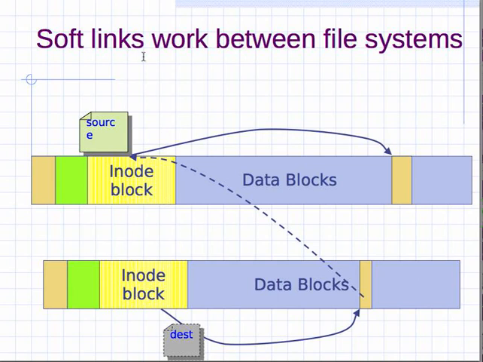Whereas with symbolic links, for example, let's say you have a source on one hard drive, and the actual data is stored here. Well, you can have a symbolic link that's on a totally different hard drive.